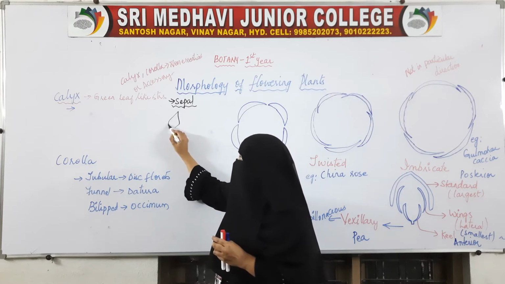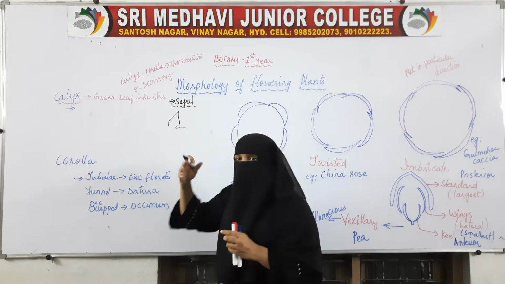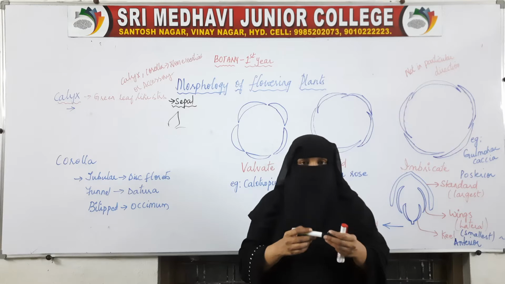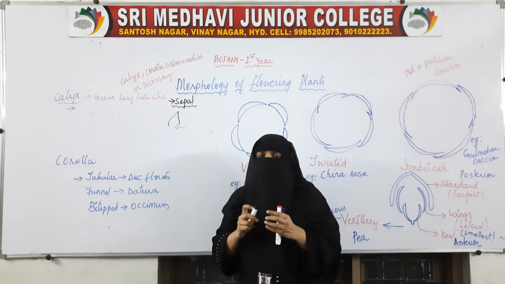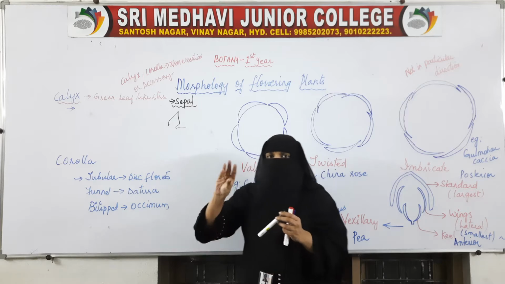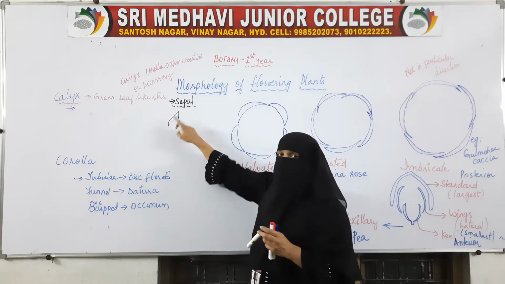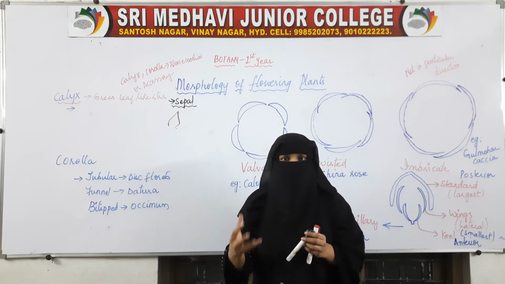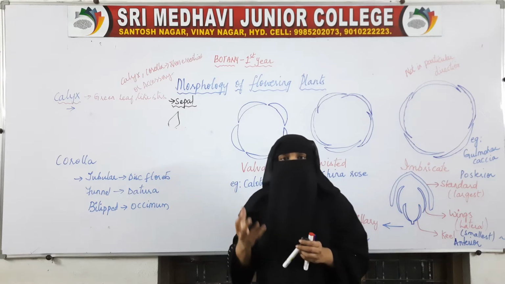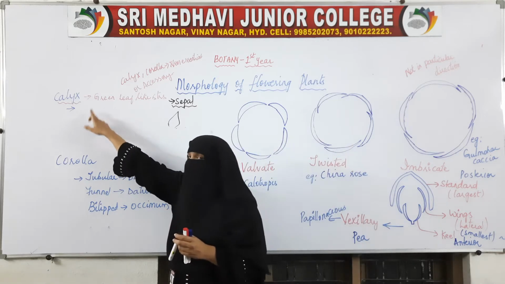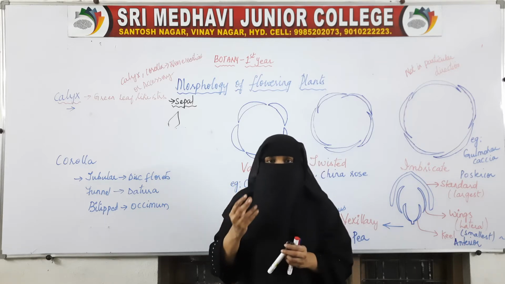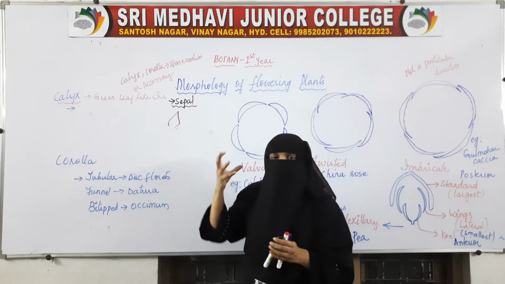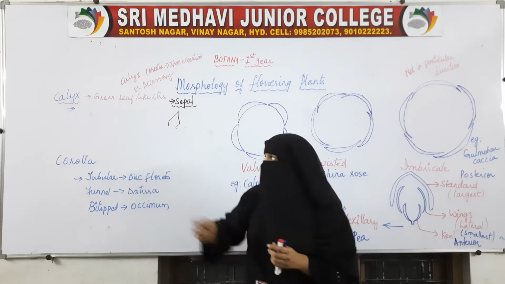Many of these will be there. It can be 3, 4, 5 or even 6, depending on the flower. But each single green leaf-like structure is called a sepal, and all the sepals together, whatever the number, are called the calyx.